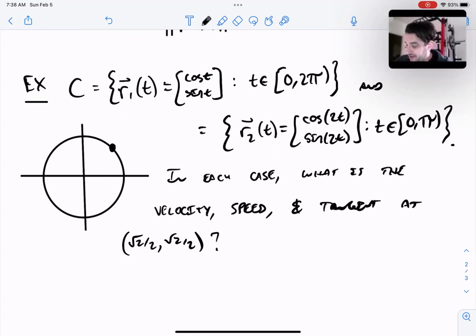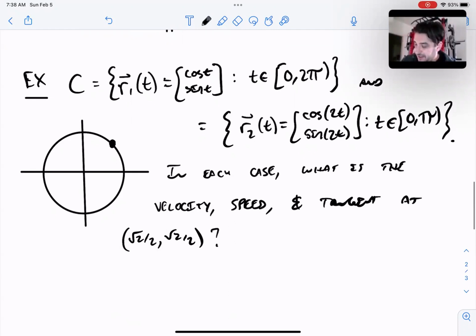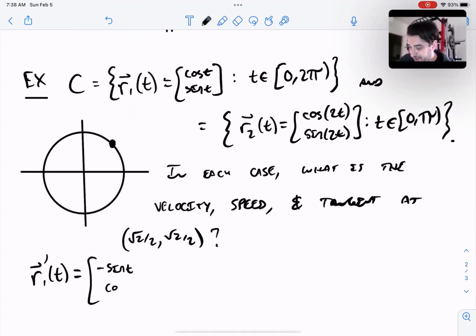So here, what would I have if I did this for R1? Right, let's do R1 prime. It would be negative sine of t, cosine t. So R1 prime at pi over 4, right?